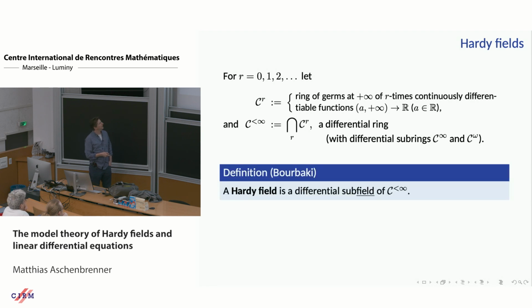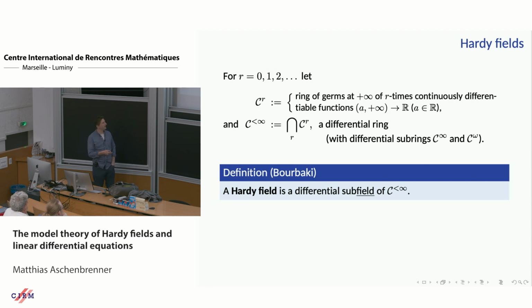The definition of a Hardy field is that it's simply a differential subfield of this first ring, C^{<∞}. The emphasis should maybe be on differential and on field. So it's closed under taking derivatives, but it's also supposed to be a field.